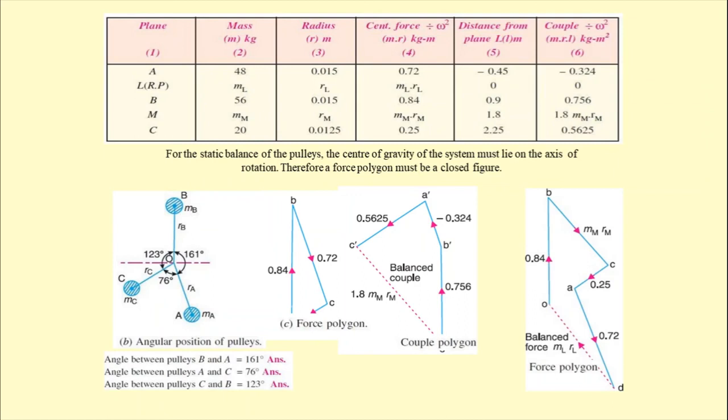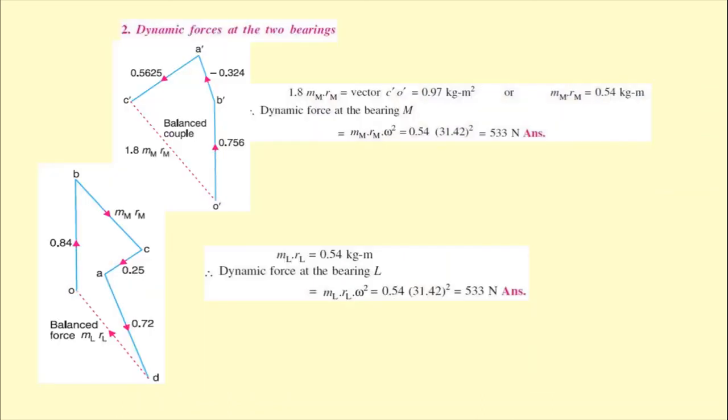Putting all the values in the same way, you may pause the video repeatedly and see how the force polygon and couple polygon are constructed as in the previous way. So these are the dynamic forces at the two bearings.